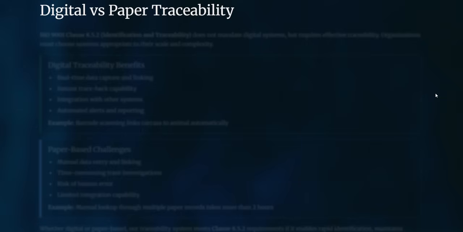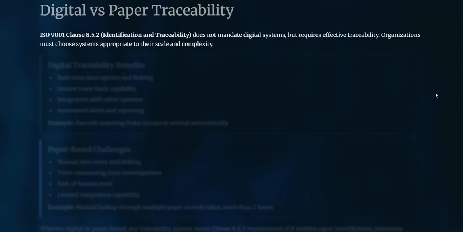Now, let's see digital versus paper traceability. ISO 9001 clause 8.5.2, identification and traceability, does not mandate a digital system but requires effective traceability, right?